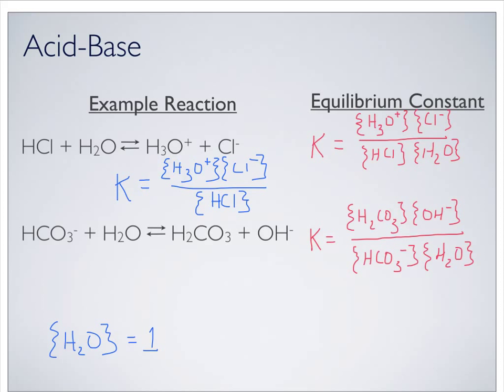And then in this bottom case, K is going to be equal to H2CO3 times OH minus divided by the activity of the bicarbonate ion, HCO3 minus. So either of those forms for this last example reaction is appropriate, or either of the forms for the first involving HCl is appropriate.